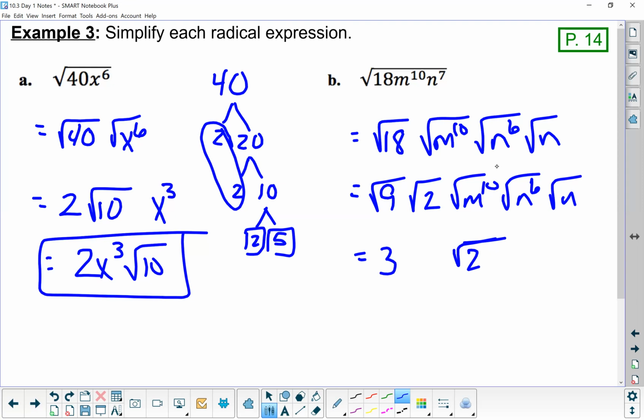The square root of m to the 10th: 10 divided by 2 is 5, so we have m to the 5th. The square root of n to the 6th: 6 divided by 2 is 3, so that becomes n cubed outside. And then we have this other n, and we write that underneath with the 2.